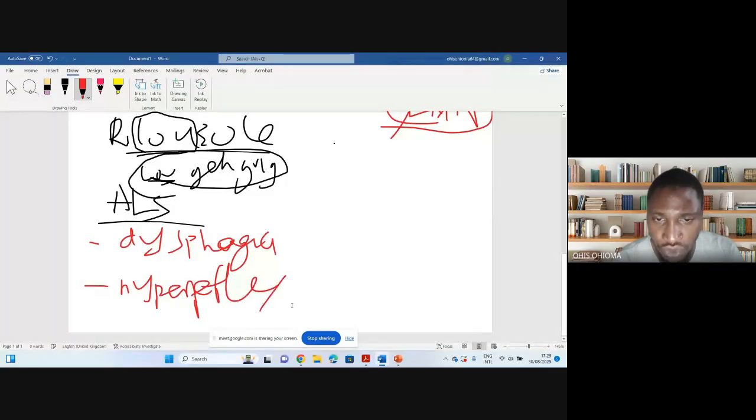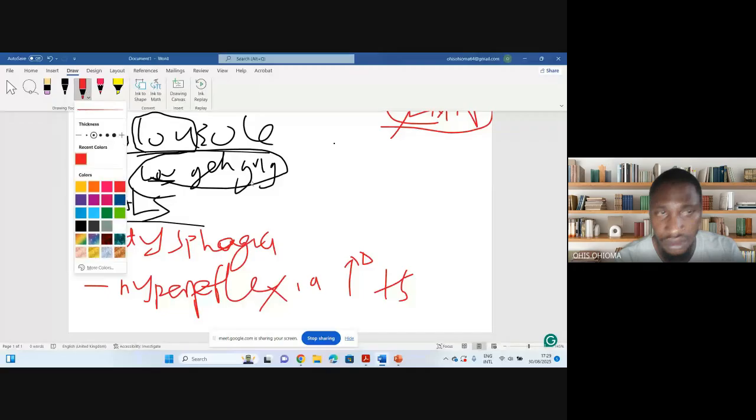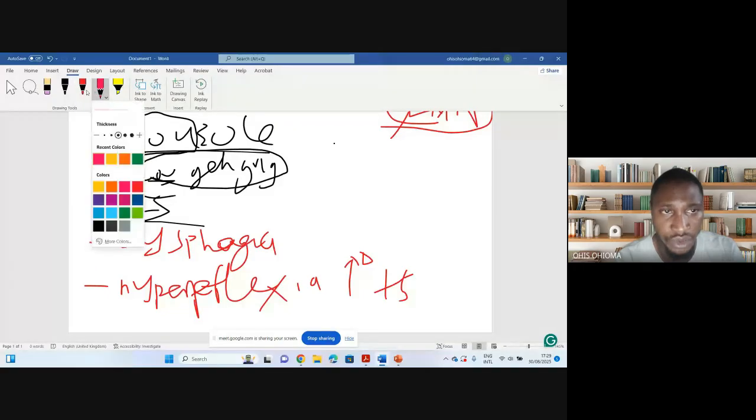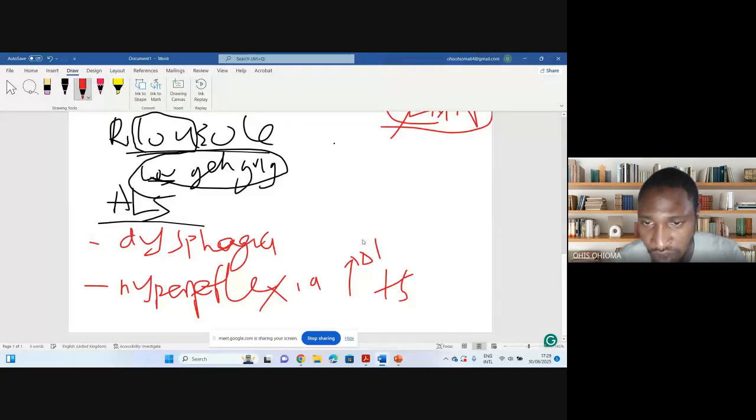What they will do is put the reflex on examination. They might tell you that the reflex of the patient is, let's say, 5+. Or they might tell you that the patient has increased deep tendon reflexes, right? That's what they'll tell you in the question.